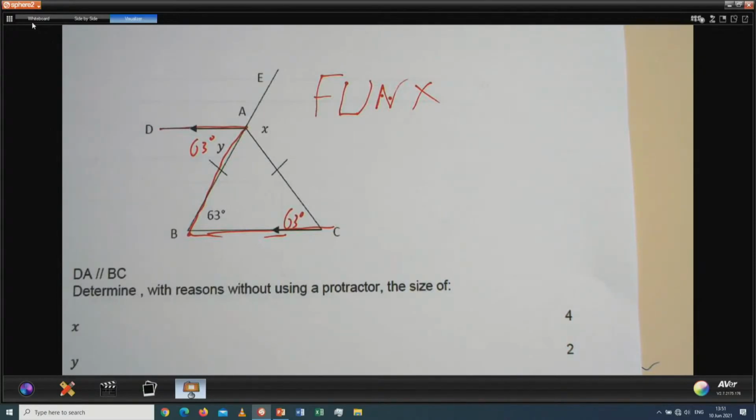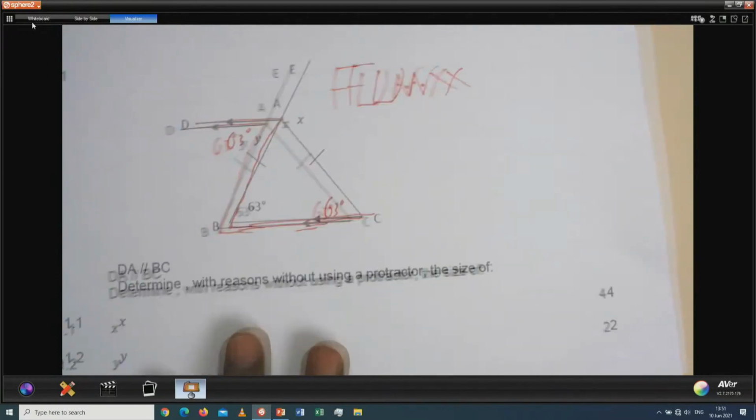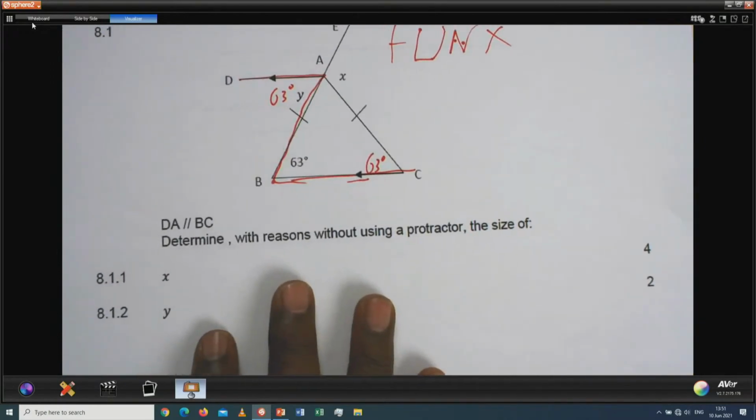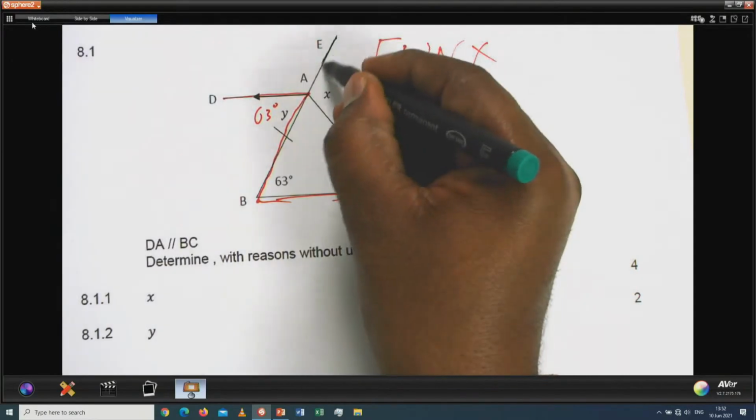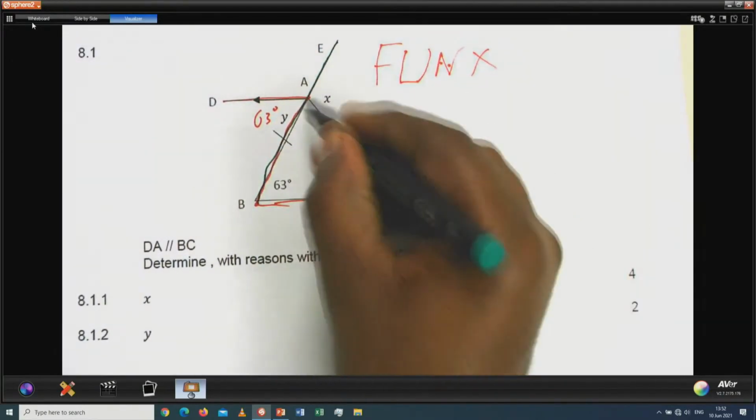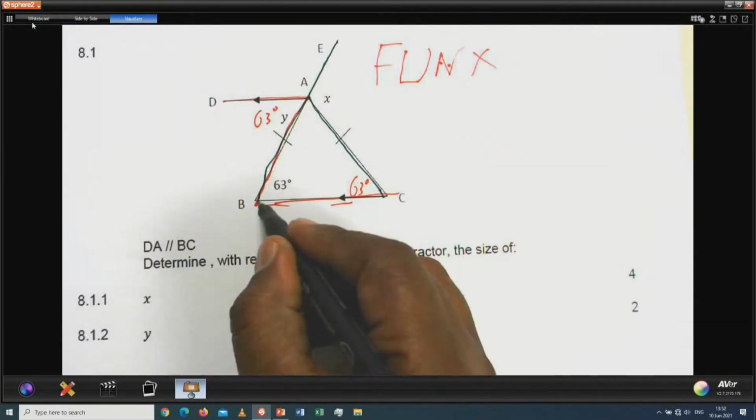Right. Now, they are looking for X. The question is looking for X. Now, the point is, what is the relationship? Where is X? And I analyze, I see X. Here is X. X is on the outside.